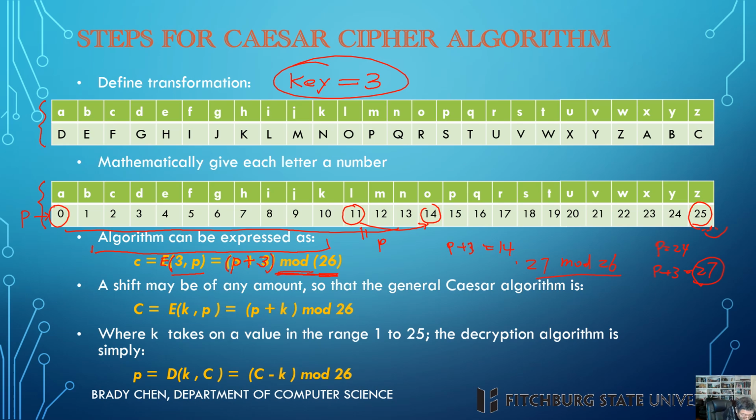The remainder is the answer. So 27 modulo 26 is 1. So the number 24 will be mapped to 1, in a circular way.